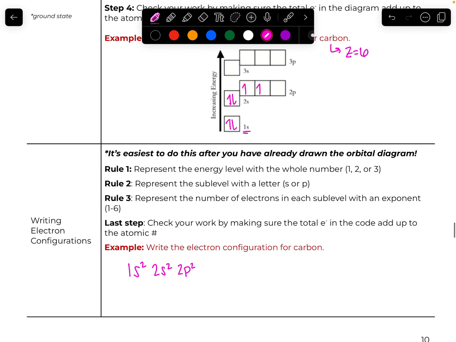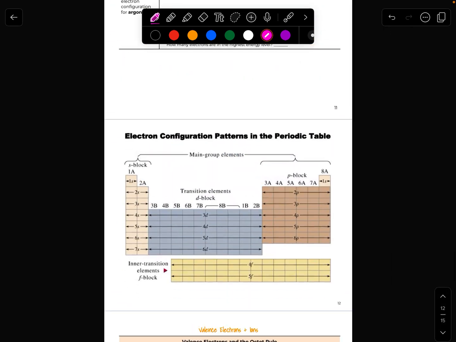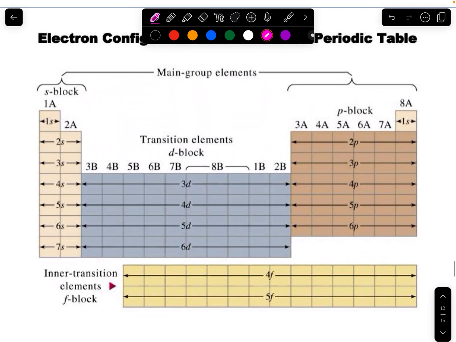Okay, I'm going to talk to you more about this in class, but one thing you can start noticing is I had you label on your personal periodic table the blocks of the periodic table, right? So your blocks on the periodic table, let me zoom out and go to this page here, are labeled this way. This is your S block, your first 2 groups on the periodic table.